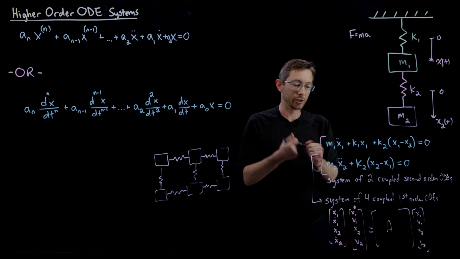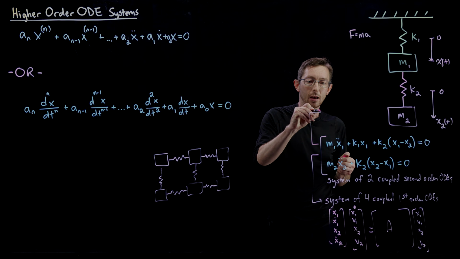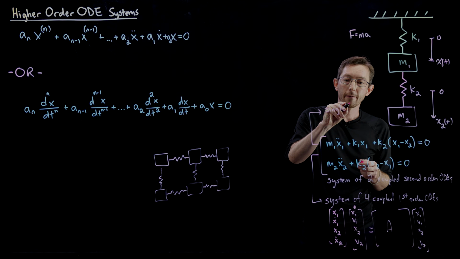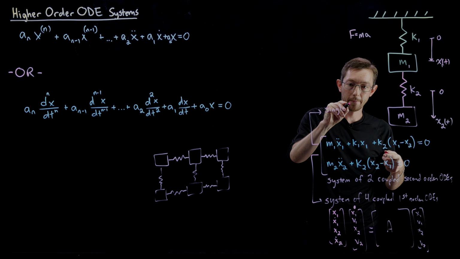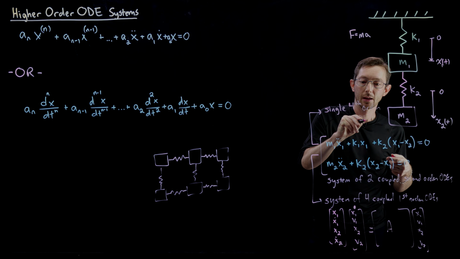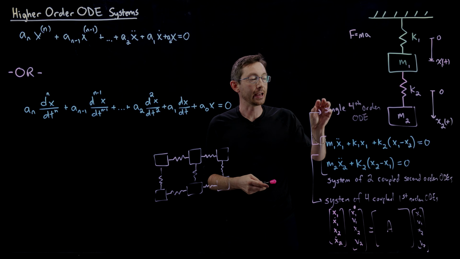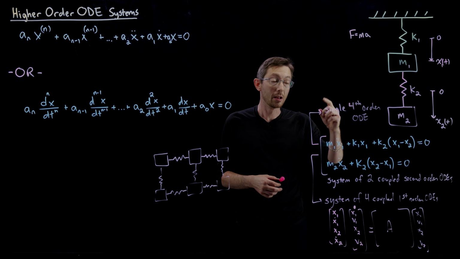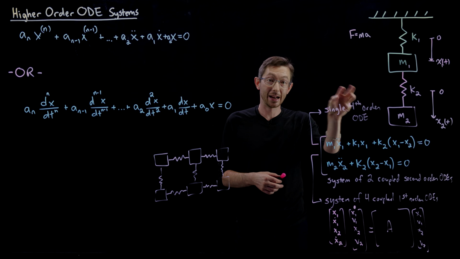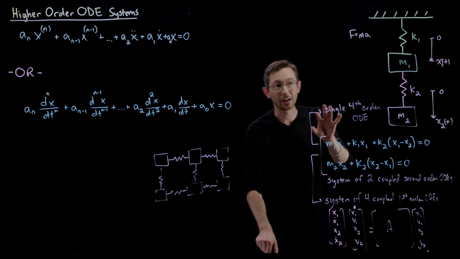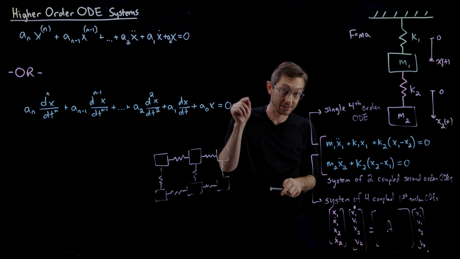The other direction is that you can write this as a single fourth order ODE, meaning I can write this as a single ordinary differential equation in terms of a single variable, but now that single variable is going to have fourth derivatives in that expression. I'm going to tell you how to do that, and then I'm going to ask you to do that.